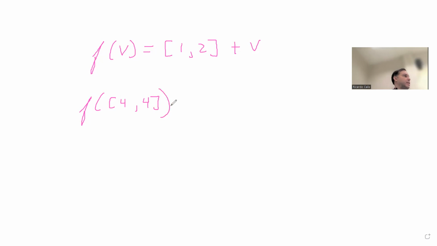I'm just laying down the background so that we can build the neural network. So in this case, we're just going to use this function, so it's going to be 1, 2 plus 4, 4. You guys see that? That's the operation that's happening there.